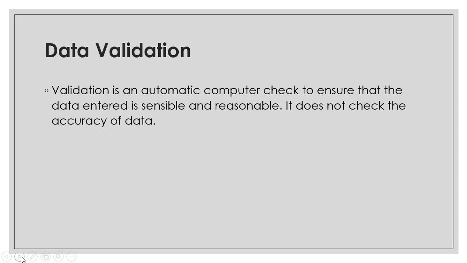So validation is an automatic computer check to make sure that the data entered is sensible and reasonable. It doesn't check the accuracy of data. Here, accuracy is related to verification, where we check whether there are no transcription errors. The original data source and the one copied must be the same.